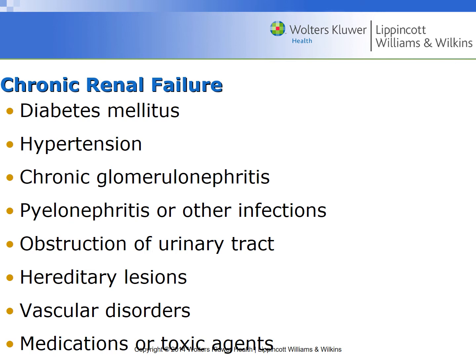So it involves a progressive, irreversible obstruction of the nephrons, and the stages are defined based on the level of kidney function. The end-stage renal disease, or ESRD, is our last stage, and that's when our GFR, our glomerular filtrate rate, is less than 15.